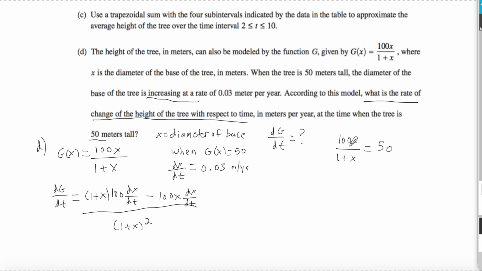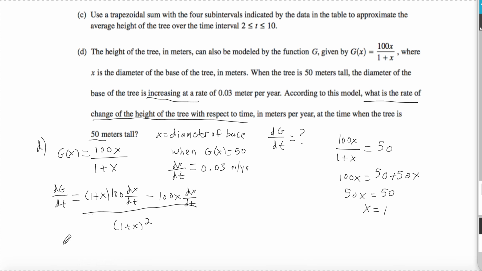Maybe you can do it by observation, or you can multiply and use your algebra. This will be 100x equals 50 times 1 plus x, which gives me 50 plus 50x. Subtract 50 on both sides, and that gives me 50x equals 50. So x has to be 1. Plug in 1, that makes sense, right? So when x is 1.